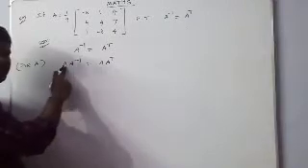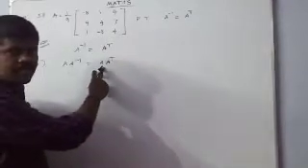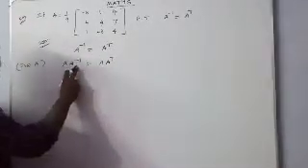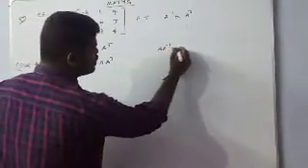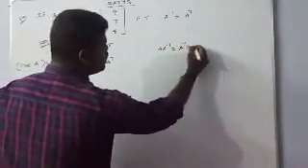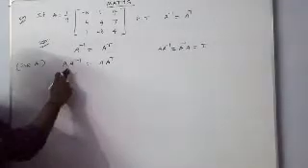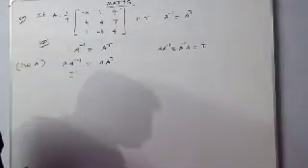Whenever we write A previously here, also write A previously there. We don't multiply here. So what is the value of A into A inverse? You know the property: A into A inverse equals A inverse into A equals I. So A into A inverse is equal to I.